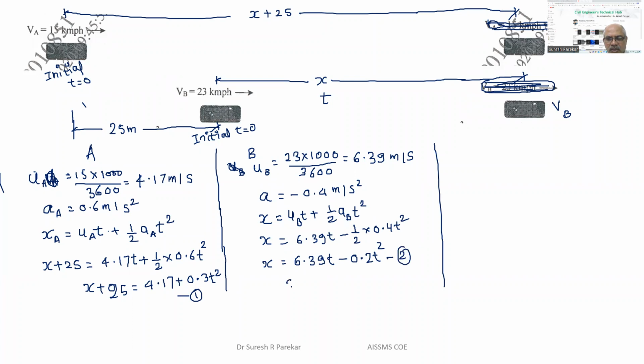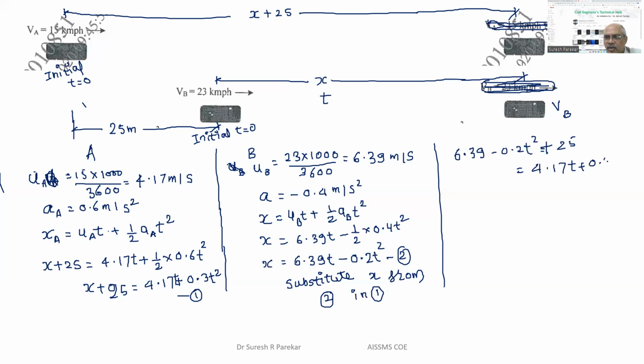Now I will substitute x from 2 in 1. By substituting this value, we put x as 6.39 T minus 0.2 T square, which is equal to x plus 25, that is 4.17 T plus 0.3 T square.